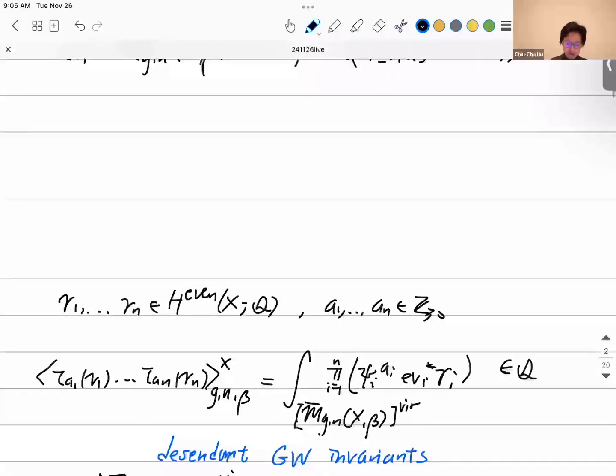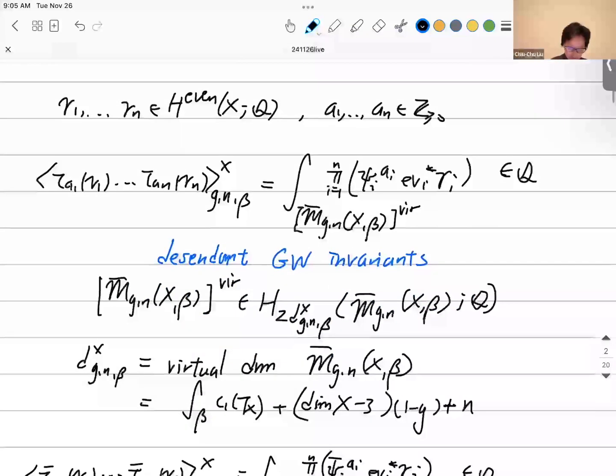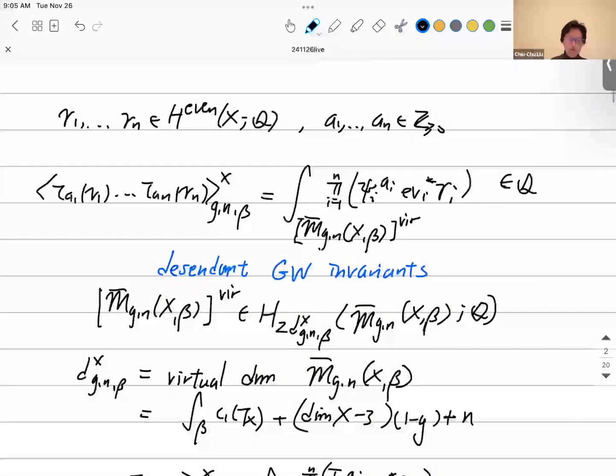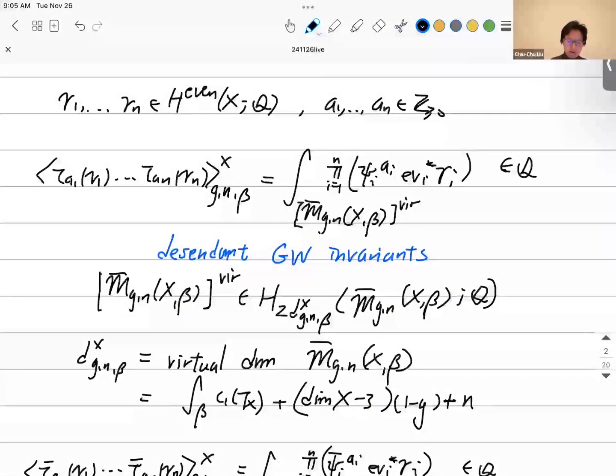With all the setup, I think the last thing we introduced is the following correlators. Given gamma_1 to gamma_n, which are cohomology classes, on this page, for simplicity, let's say they are even cohomology classes, so we don't need to worry about the sign when we commute them.